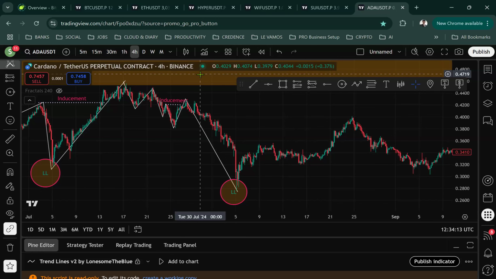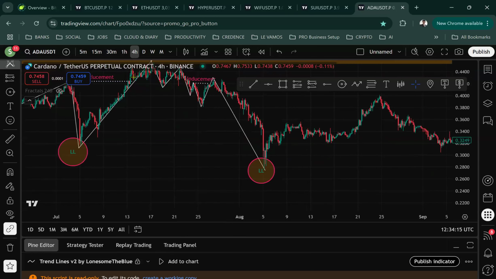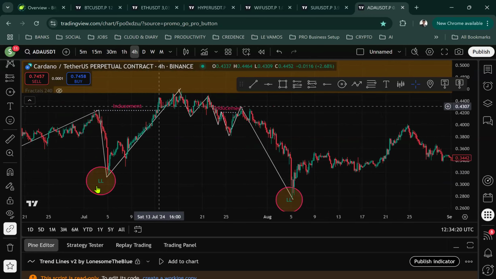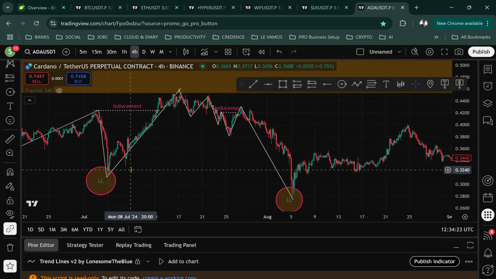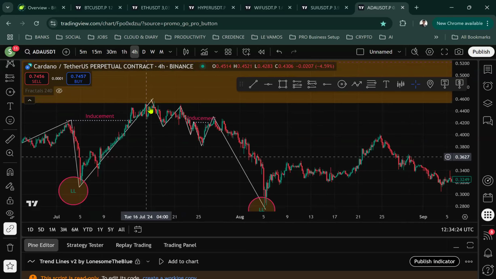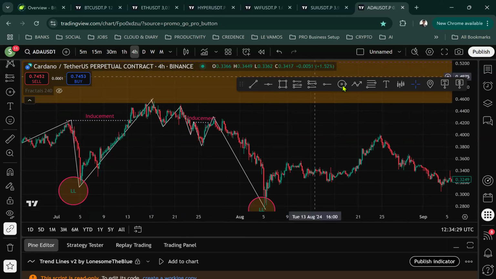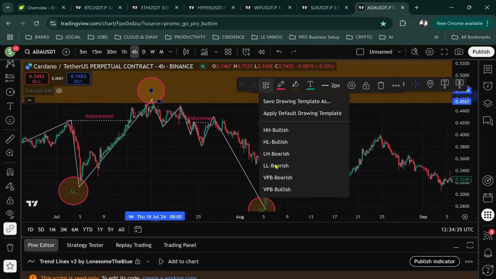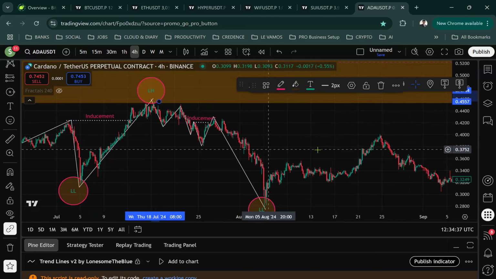So I'm asking here, I identified the lower low. There is an inducement, a correction. So I identified a lower low here. And obviously, here, this is the lower high.